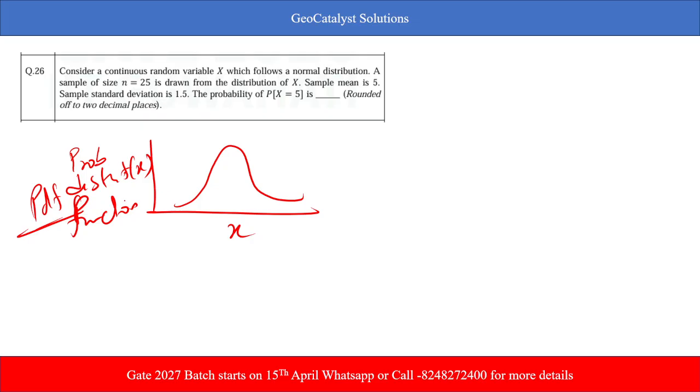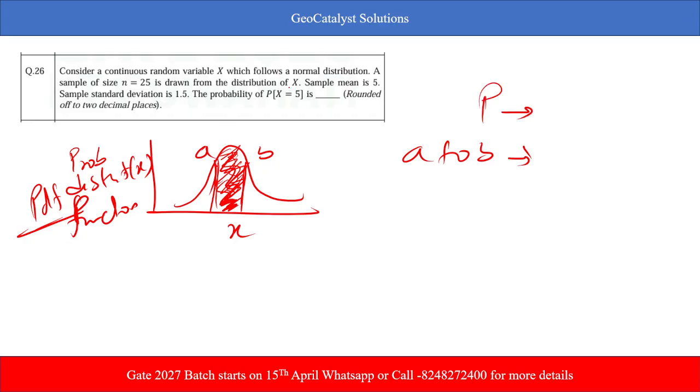This is not probability. In the probability distribution function, probability is the area under the curve. Suppose this is A and this is B. From A to B, whatever the area under the curve is will be the answer for probability.